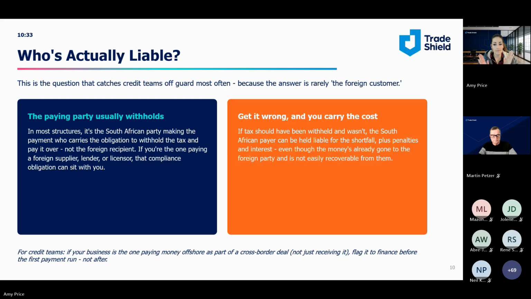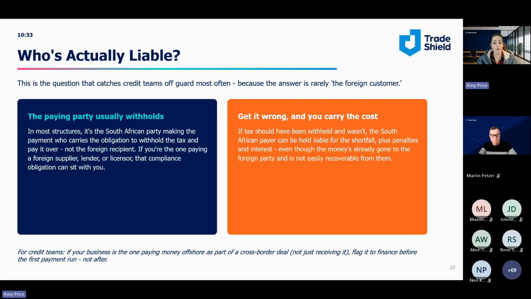This is where it gets expensive if it is missed. If tax should have been withheld and it wasn't, the South African payer, which is your business, can be held liable for the shortfall in the currency that you are charging. Often there are penalties and interest on top of that for it being late.